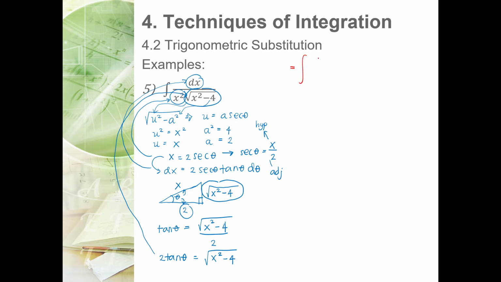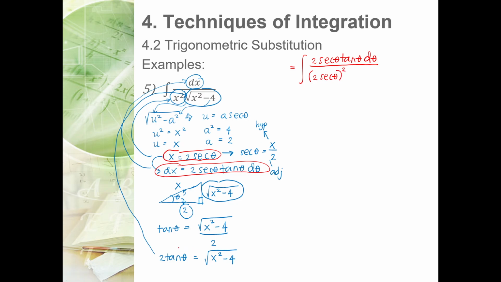So the integral of, again, dx is 2 secant theta tangent theta d theta. Since we have x as 2 secant theta, x squared can be 2 secant theta squared, right?